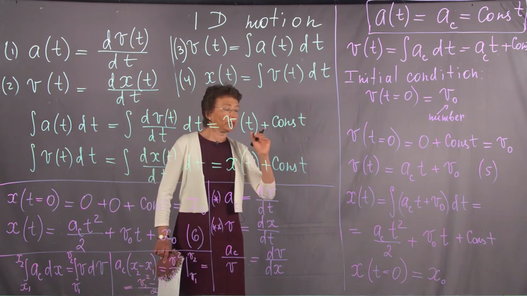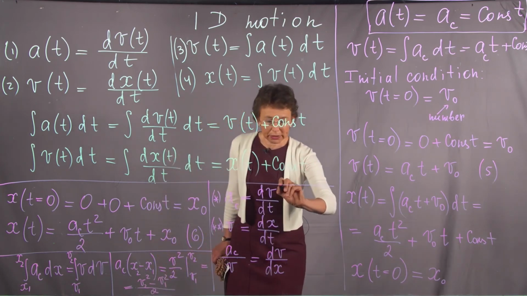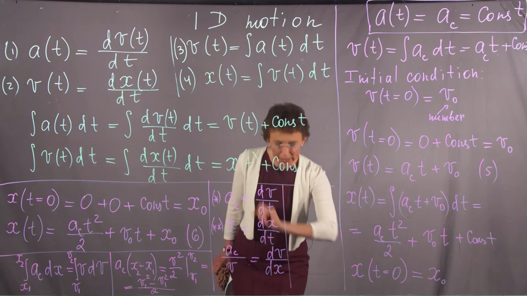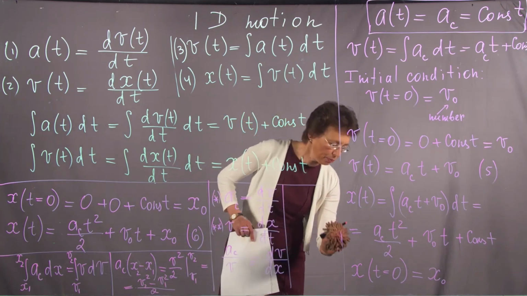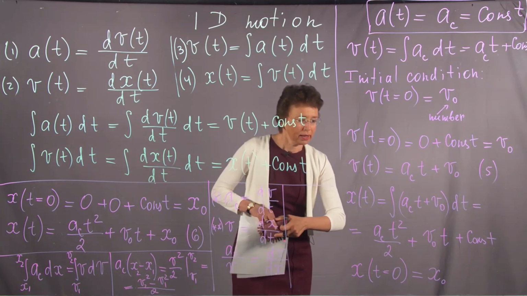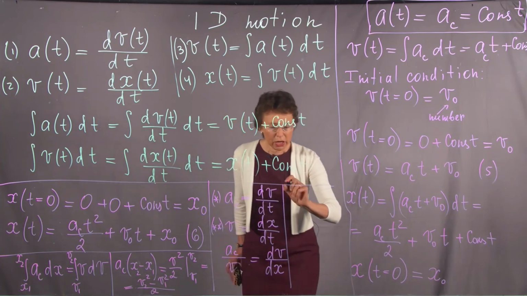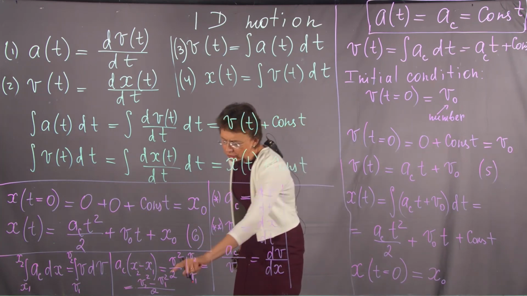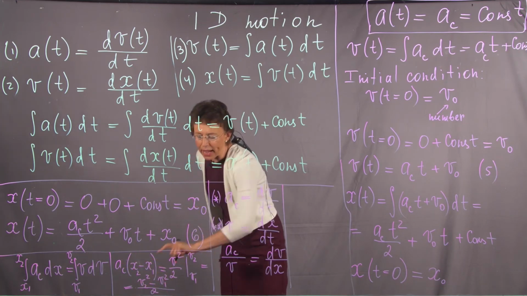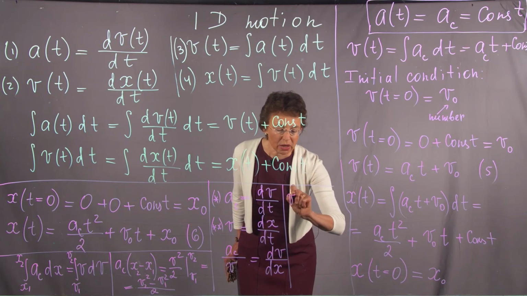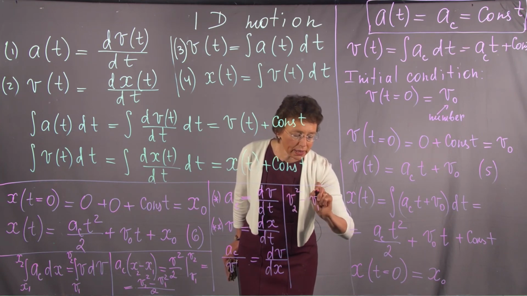Now I will add this last formula to our list. What is this formula that you have to add to your list? Let me do this. I will steal some space here. I will do it like that, and then I'll have enough space, hopefully. So the 2 will come to the left, and I will start with writing v2 squared minus v1 squared.